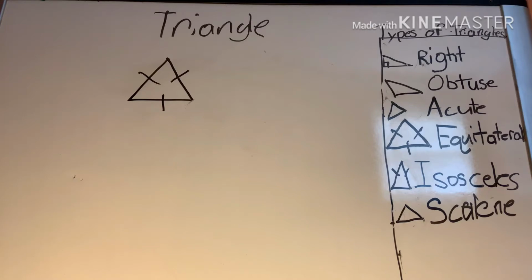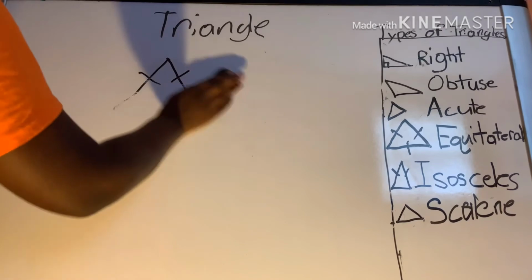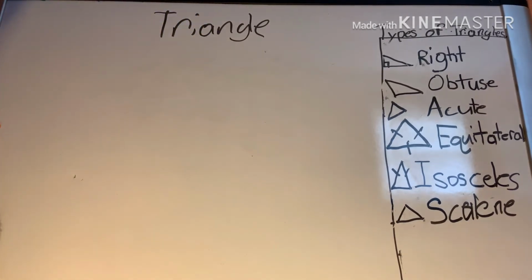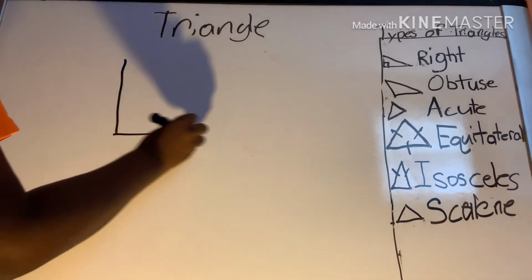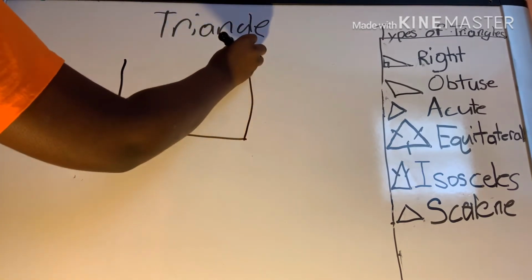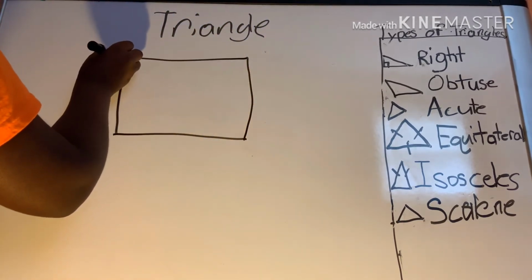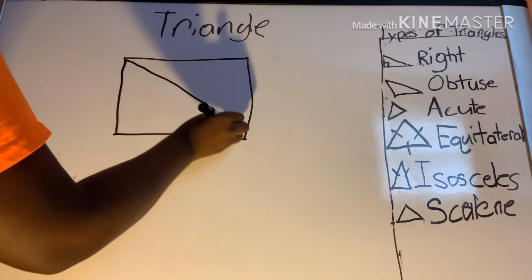So now another way to tell that you have a right angle triangle, or to even make a right angle triangle, is if you make a rectangle and you cut it diagonally in half.